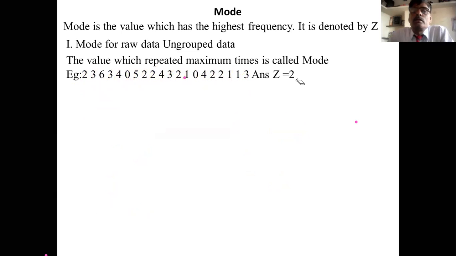So mode is 2. This is the calculation of mode for the ungrouped data. Only numbers are given.